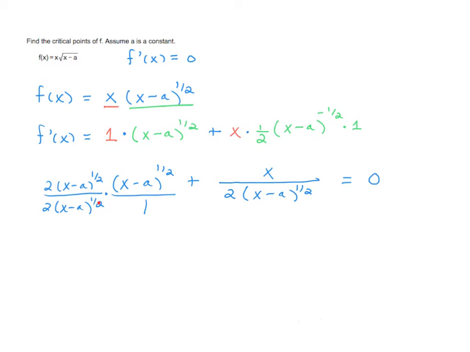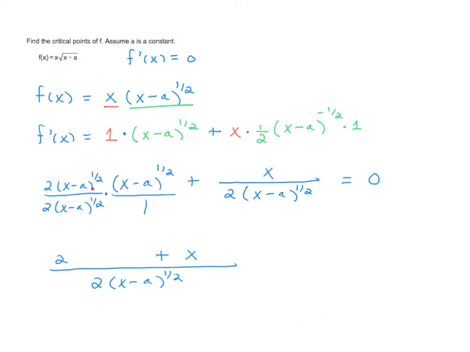In doing this, we now have a common denominator of 2 times x minus a to the 1/2. So I'm going to write this as one fraction, whose denominator is 2 times x minus a to the 1/2 power. Now, my numerator, over here, we're not changing this fraction, so we'll have a plus x at the very end. And over here, well, we'll have a 2, so I'll put 2.